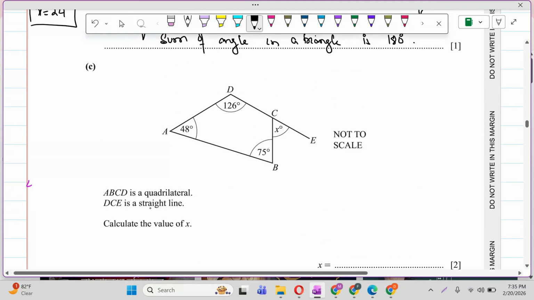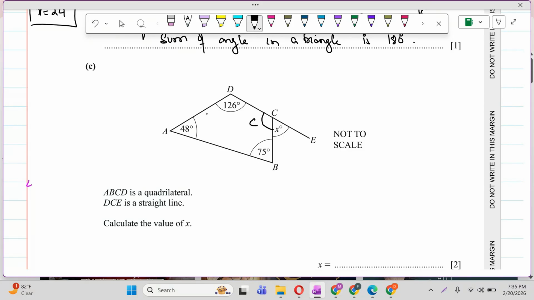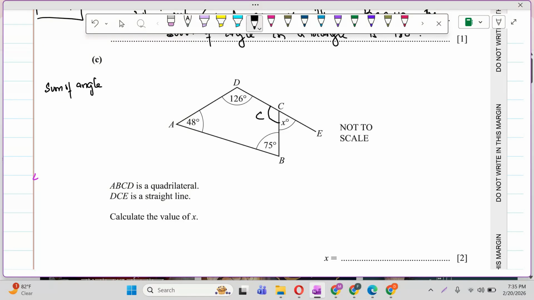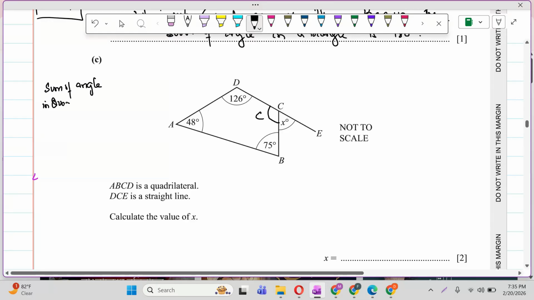Part C. ABC is the quadrilateral, BCE is the straight line, calculate the value of x. So this is the angle of C. And we have the quadrilateral which has four angles, angle A, angle B, angle C, angle D. One concept you should know is that the sum of angles in a quadrilateral is 360.